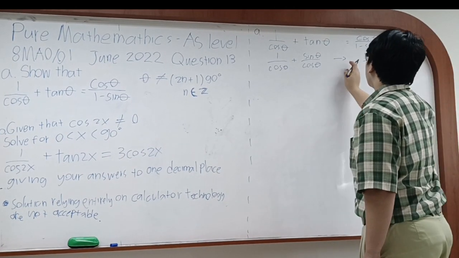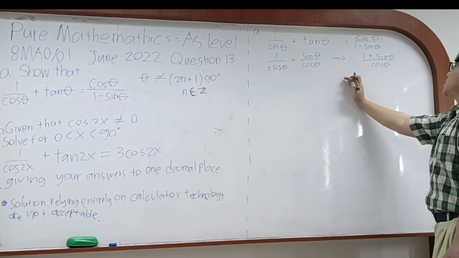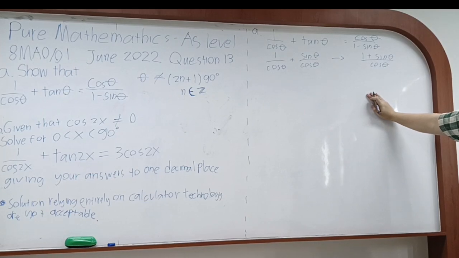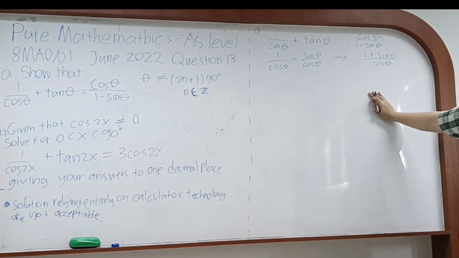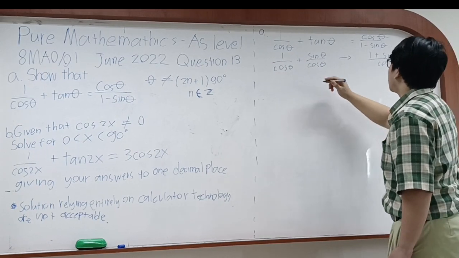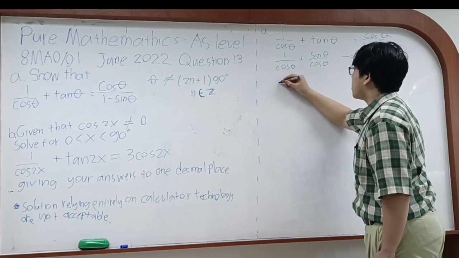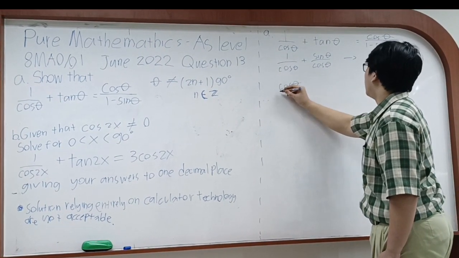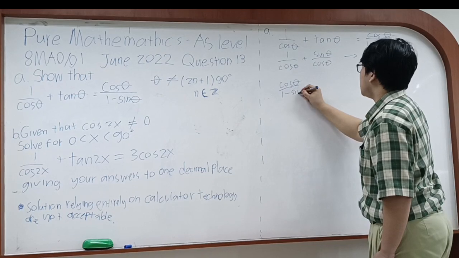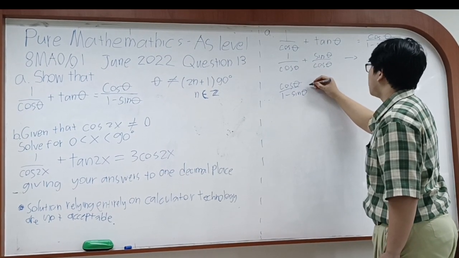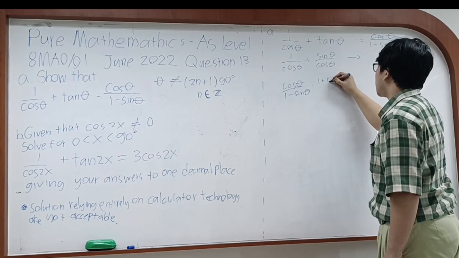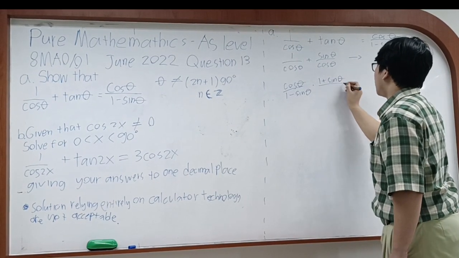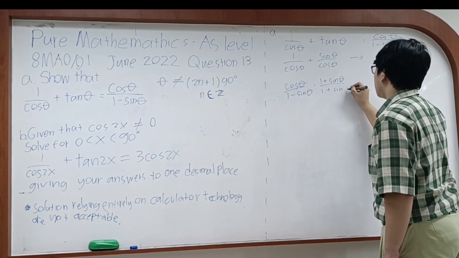Now let's focus on the right hand side, which is cos theta over 1 minus sin theta. What we're going to do is rationalize the denominator, where cos theta over 1 minus sin theta will be multiplied by 1 plus sin theta over 1 plus sin theta.